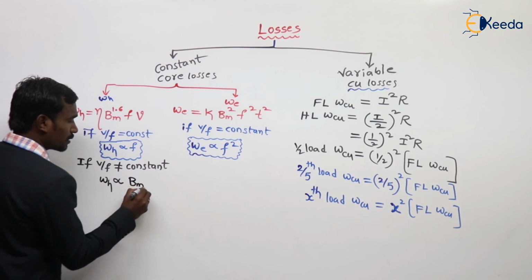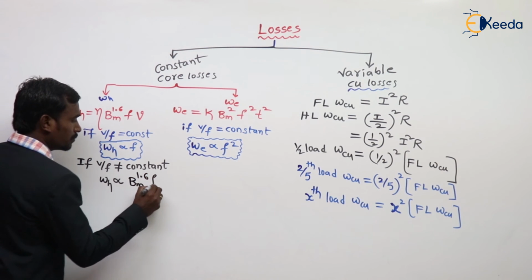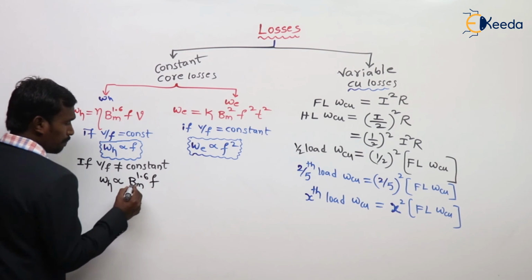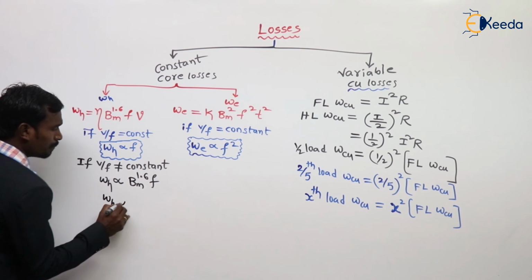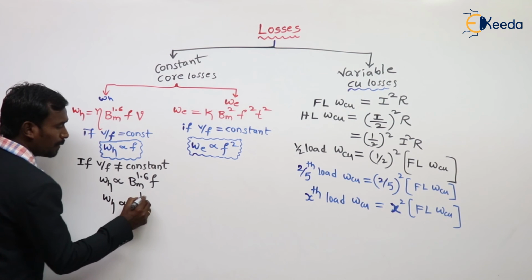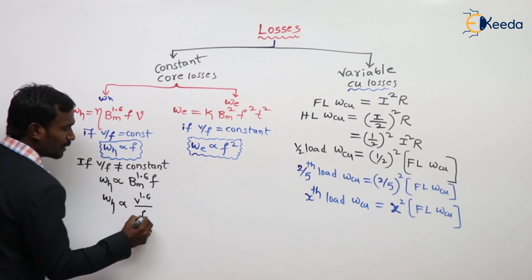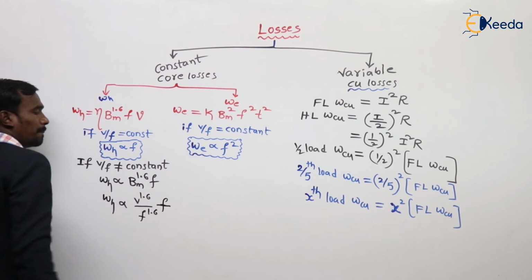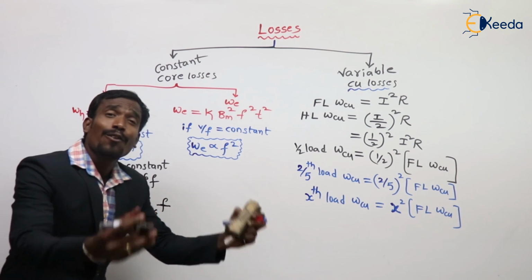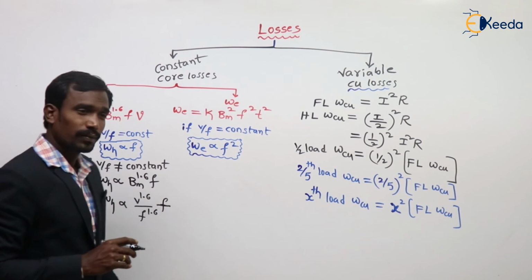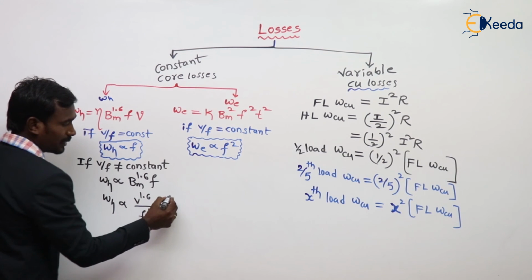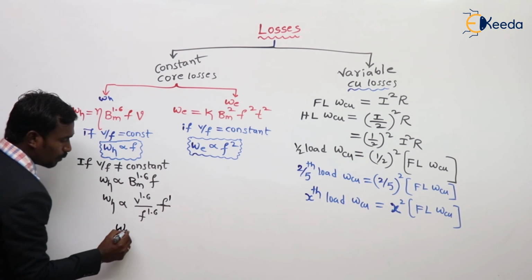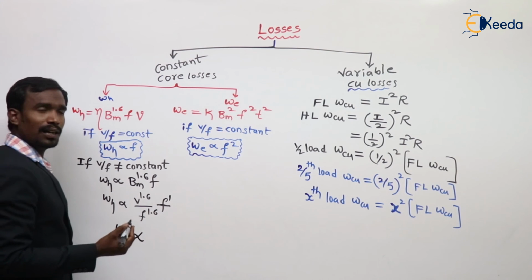If B maximum is not constant, the hysteresis losses are directly proportional to B maximum and frequency, since eta and volume are constant. But B maximum can be written as V power 1.6 and F power 1.6, because B maximum is nothing but V by F. Now tell me, what is the hysteresis losses formula?